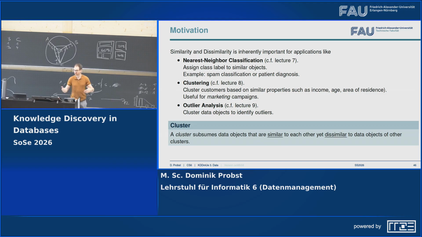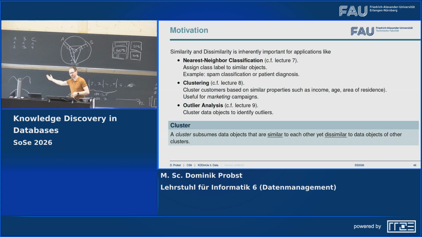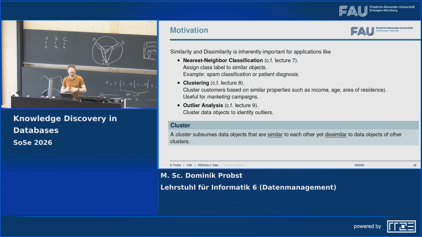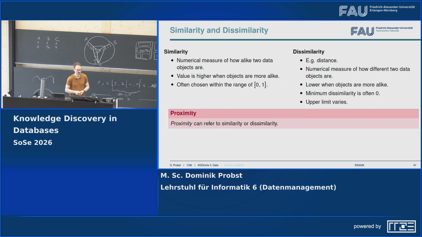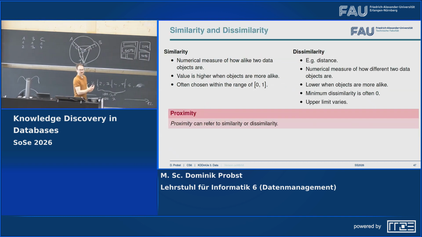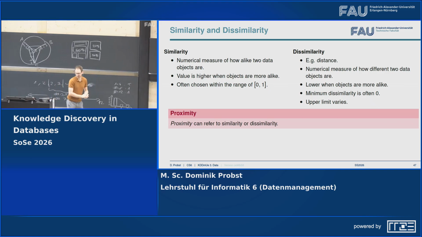So we want to be similar to data objects within our cluster and we do not want to be similar to data objects outside of our cluster. But that's something we will repeat in the clustering lecture as well. For this, we first have to define similarity and dissimilarity.